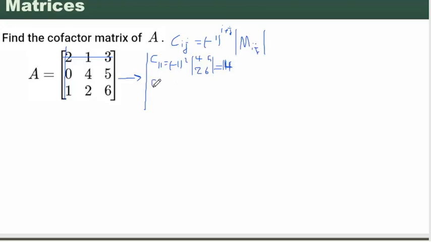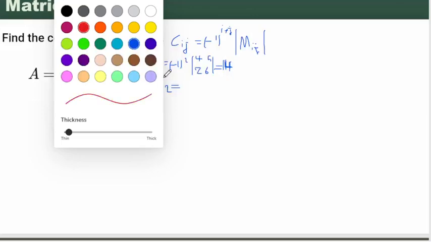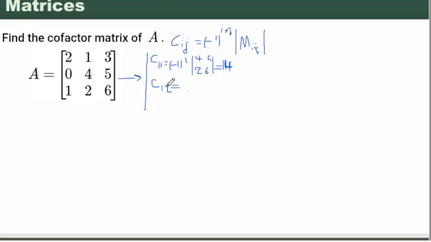Okay, I will go for C12. I am writing all the elements of the cofactor matrix. So C12, that means negative 1 to the power of 1 plus 2.